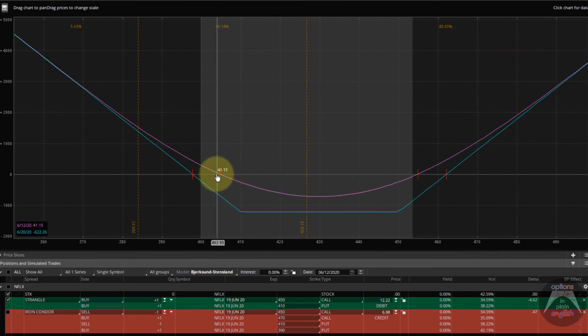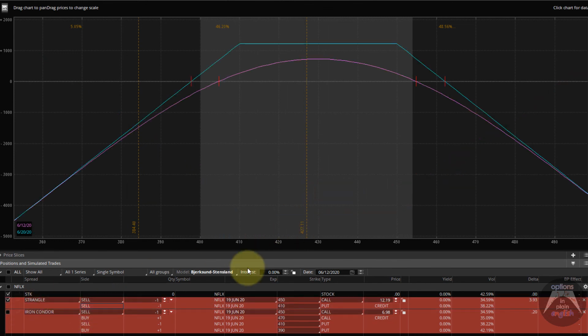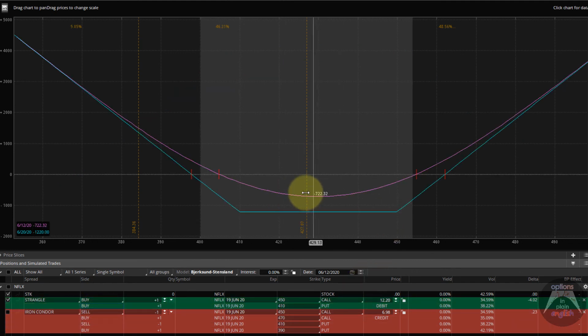But this is the trade-off that you have. On the one hand, with a short strangle, you want things not to happen and you want time to pass. With the long strangle, you want things to happen either on the downside or on the upside, and time passing is your enemy.